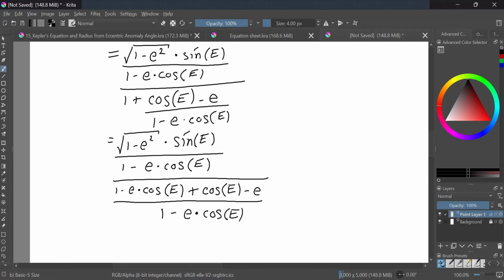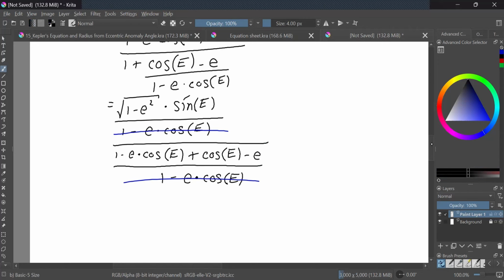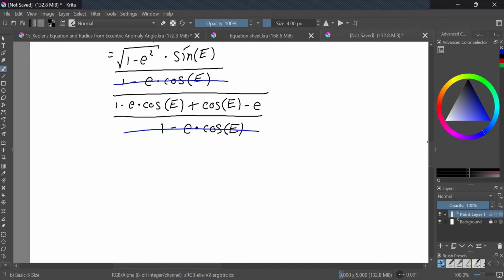All right, this is a mess. But fortunately, that cancels out. And now it is significantly less messy.